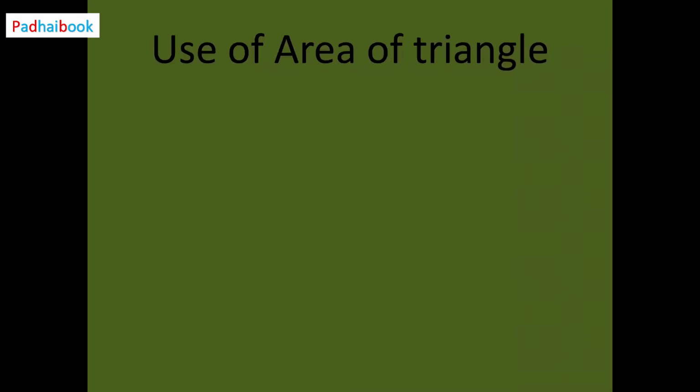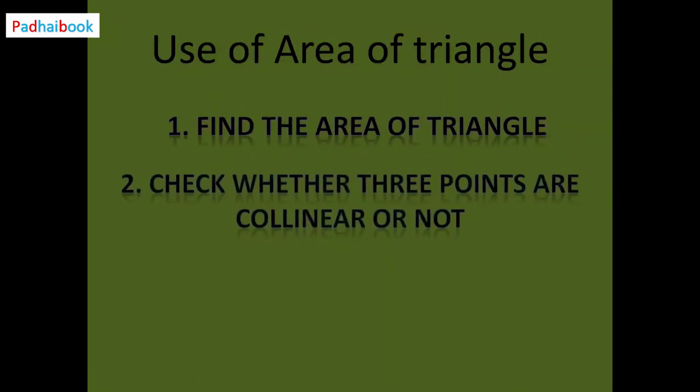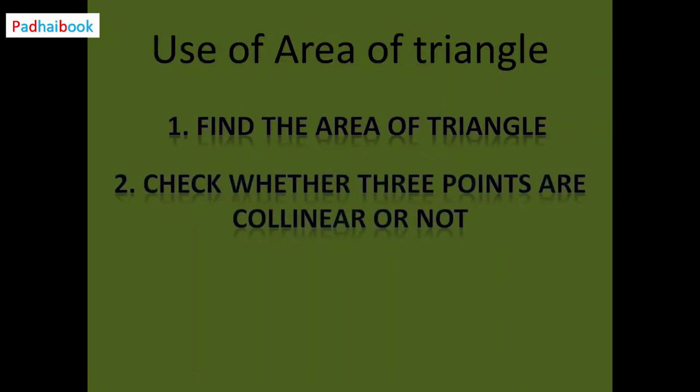First, let's understand what is the use of the area of the triangle. One of the main uses is that we can find the area of any triangle if the three vertices are given. Then we can find whether the 3 points A, B, C are collinear or not.